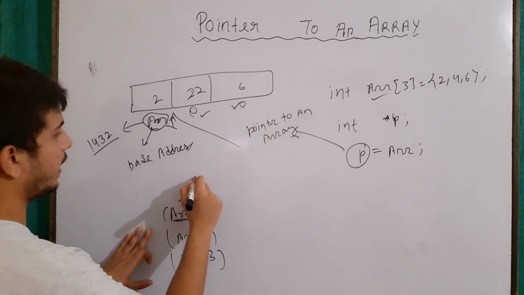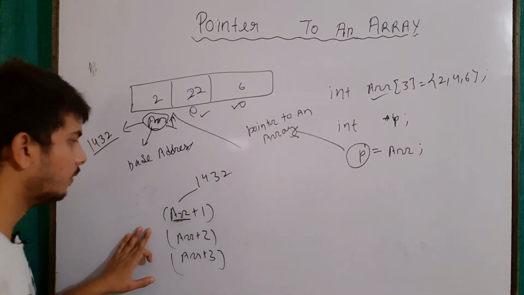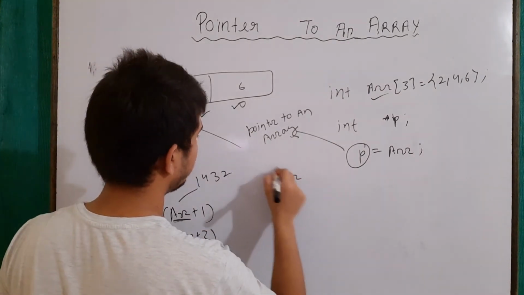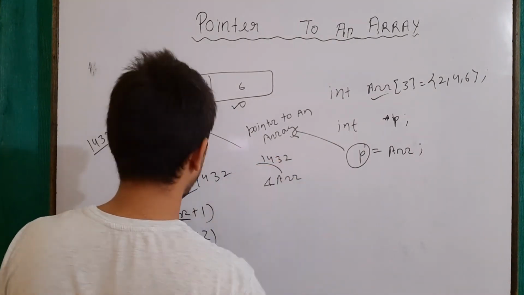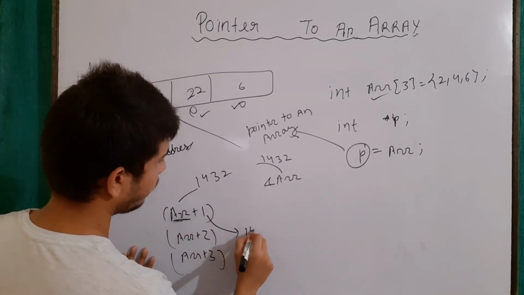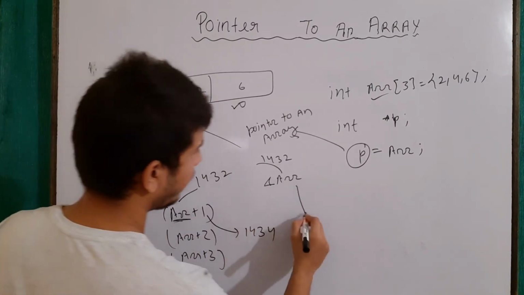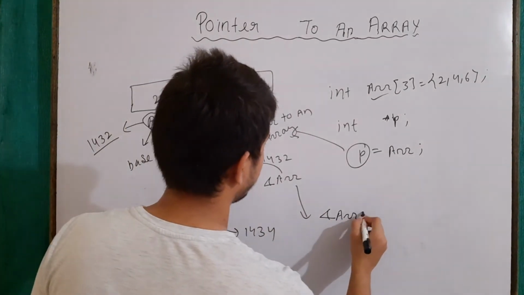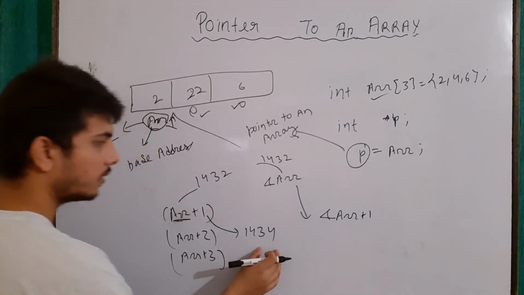So array will give me right now 1432. And if I write here address of array, it will also give me 1432, right? But array plus 1 gives me 1434 here, but address of array plus 1 will not give me 1434.